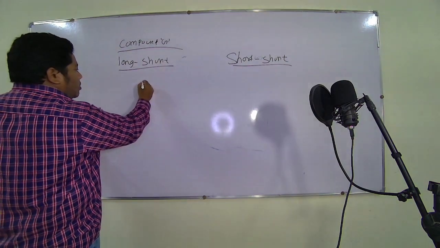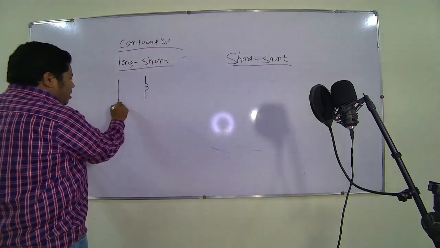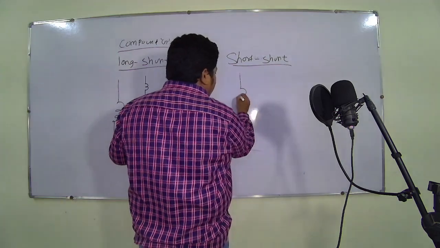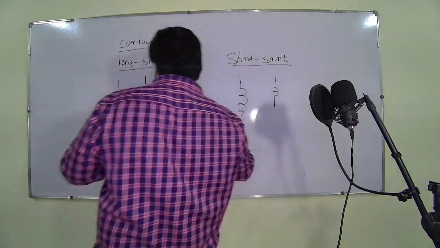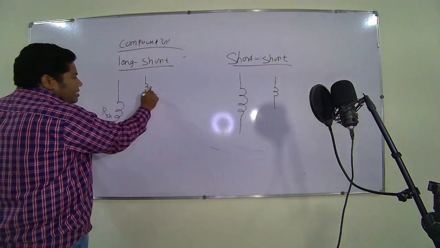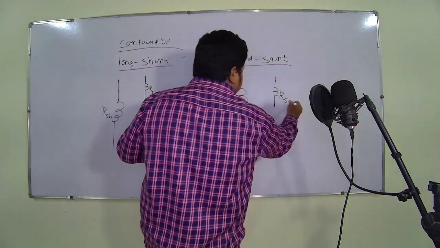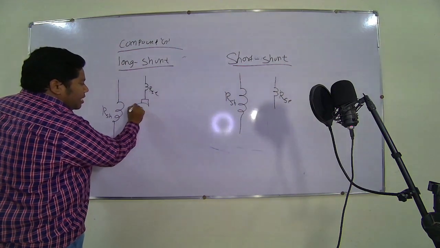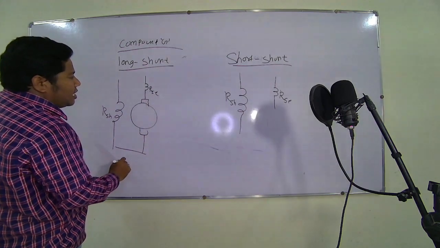As we know, here we have two windings, one is series, another one is shunt. Here also we have two windings, one is shunt, another one is series. This is shunt resistance, this is series resistance, this is shunt resistance, and this is series resistance. We have to connect the armature in the series path.